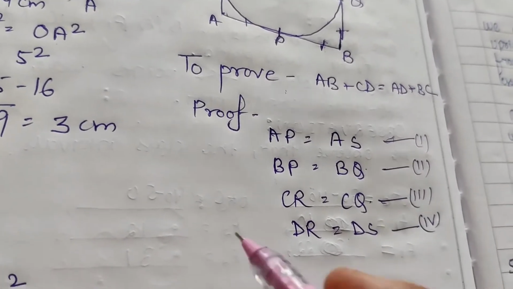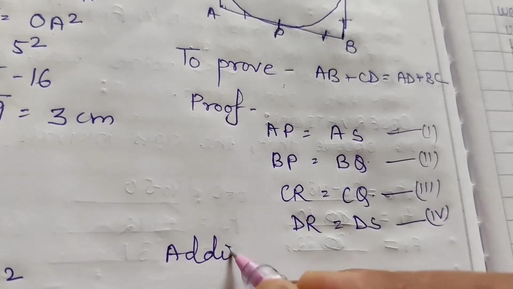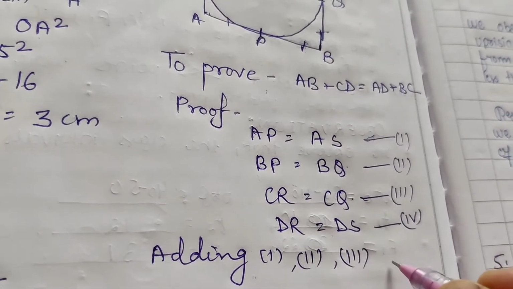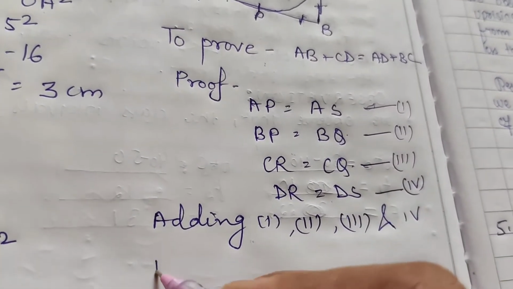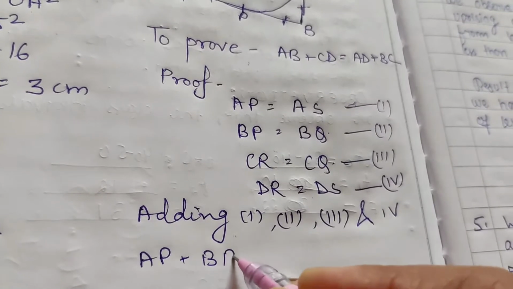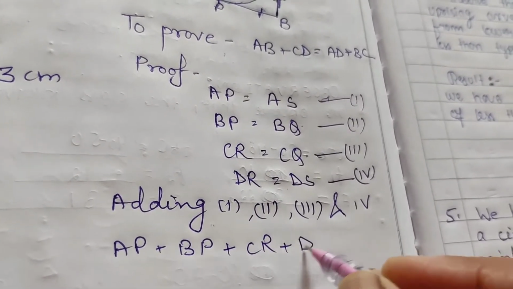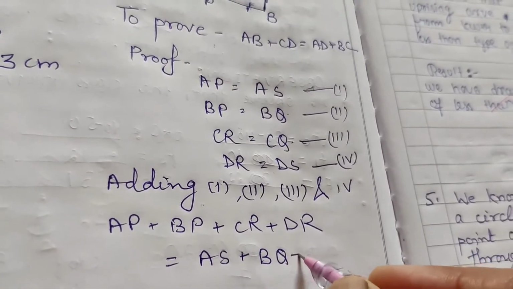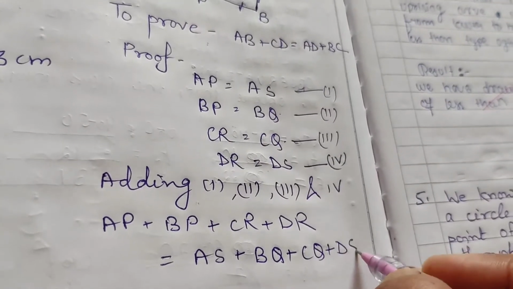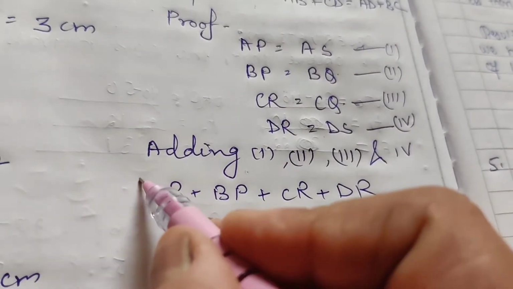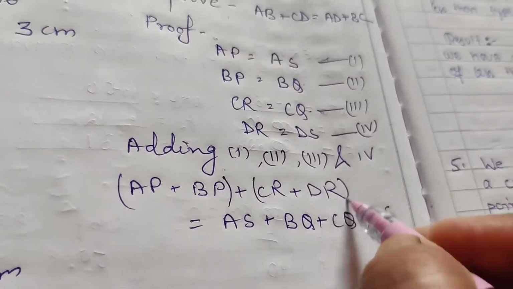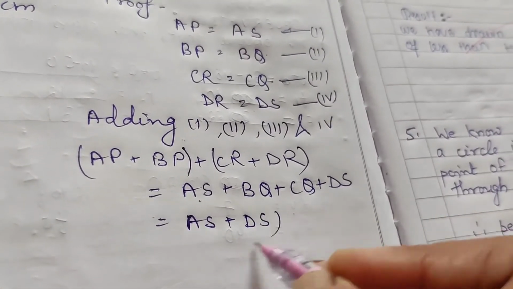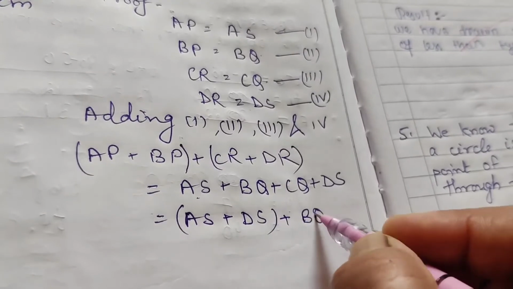Adding 1, 2, 3 and 4: AP plus BP plus CR plus DR equals AS plus BQ plus CQ plus DS. Now arranging AP plus BP, CR plus DR, and AS plus DS, BQ plus CQ.